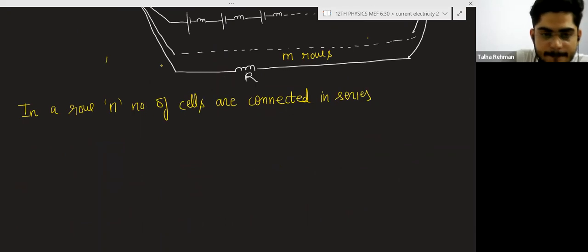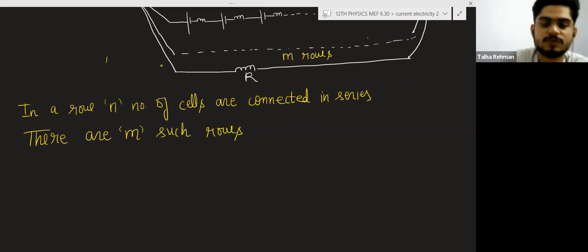So you can say there are m such rows. You can say identical rows.